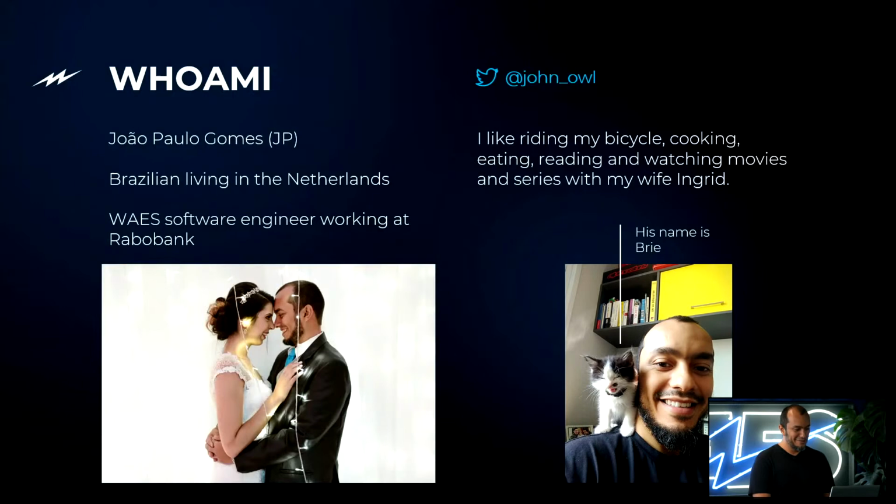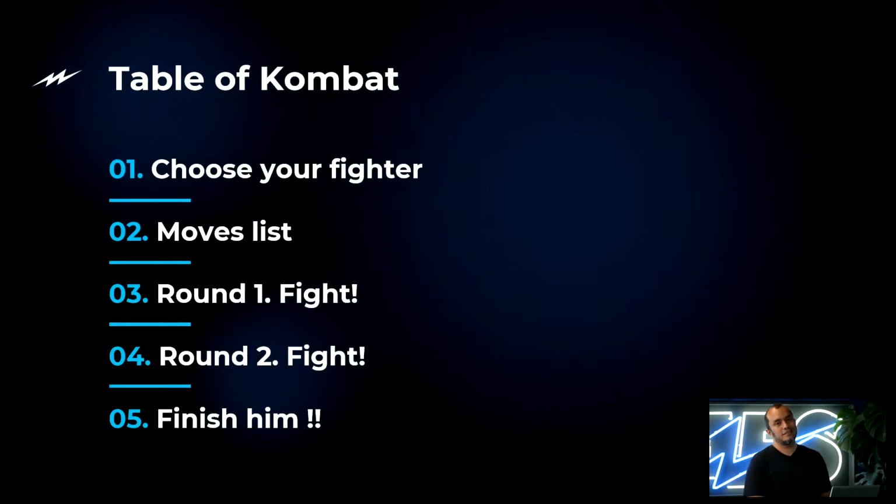So let's continue. This presentation is formatted like a fight between two opponents. Instead of just comparing them, we will throw them in a mortal combat. In part one, I'm going to introduce the fighters, and talk a little bit about the context and the history of them.